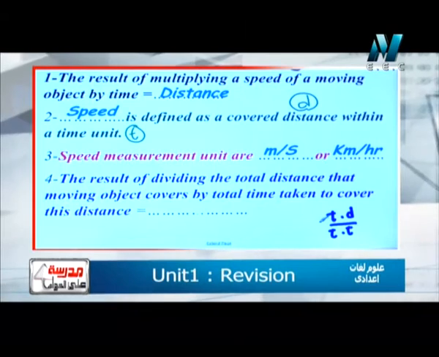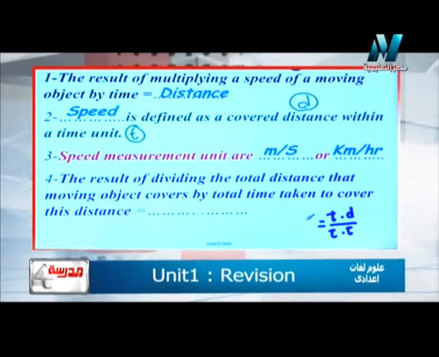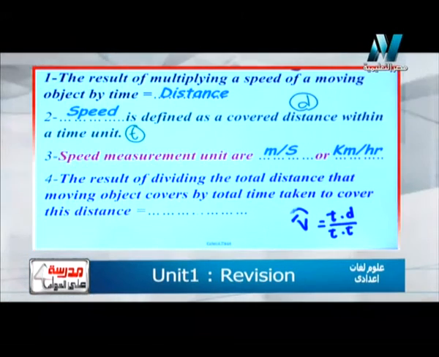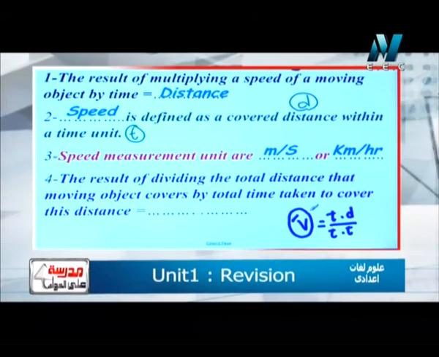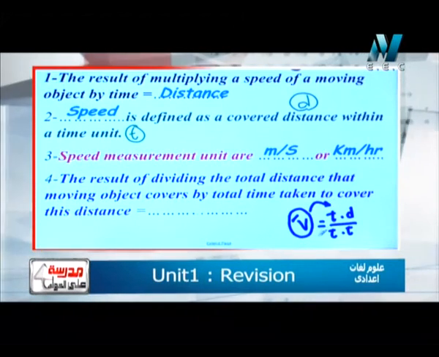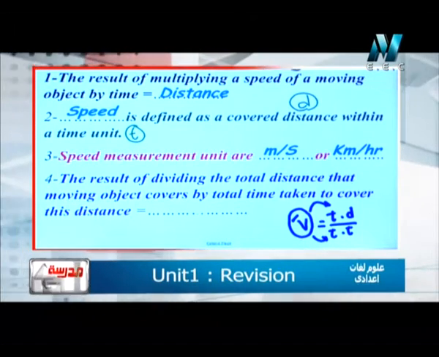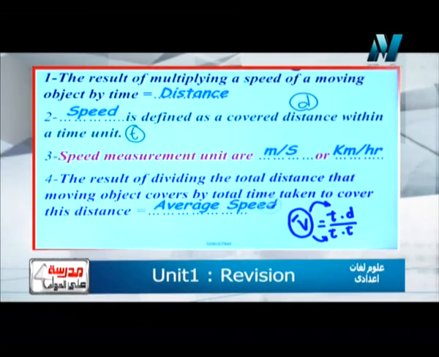So we have the result of dividing total distance over total time. We have the average speed as the answer of question number 4, because average speed is the result of dividing total distance covered over total time taken.